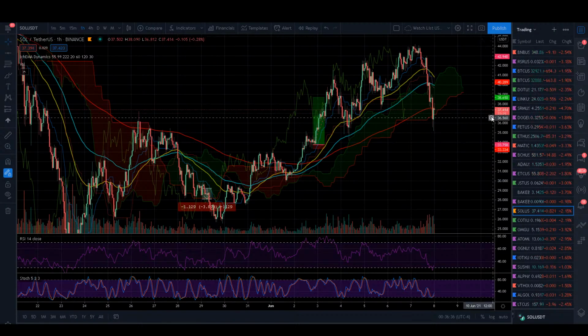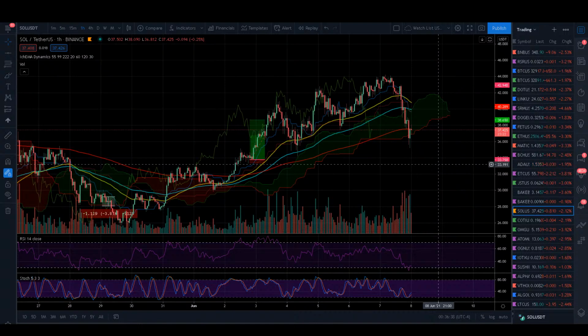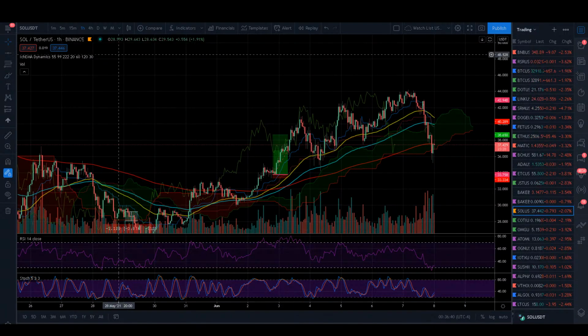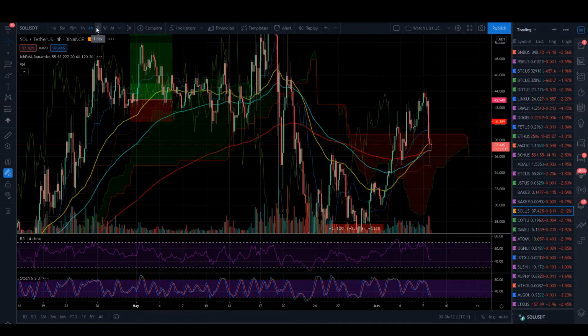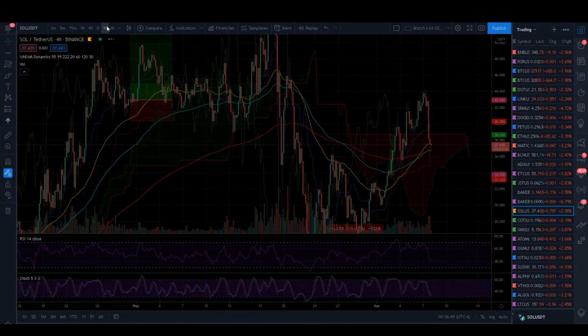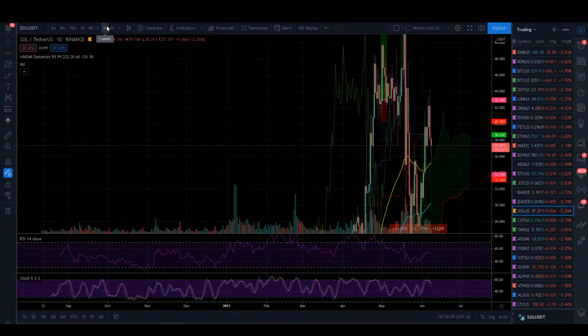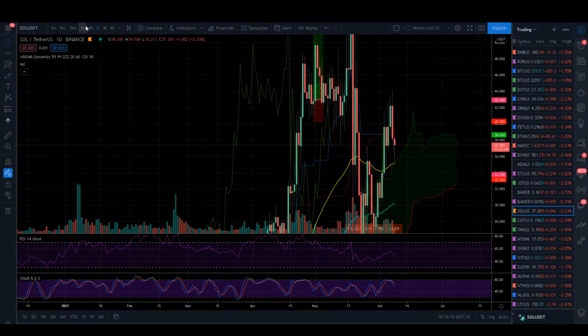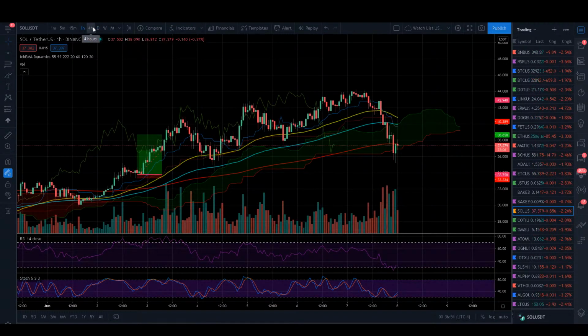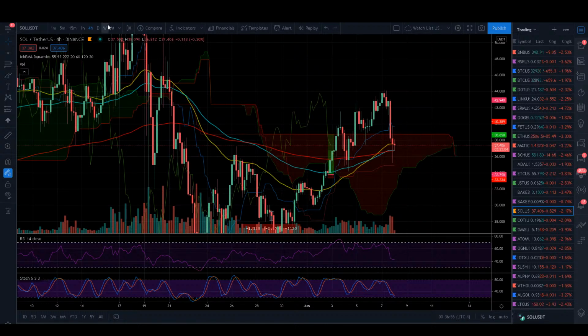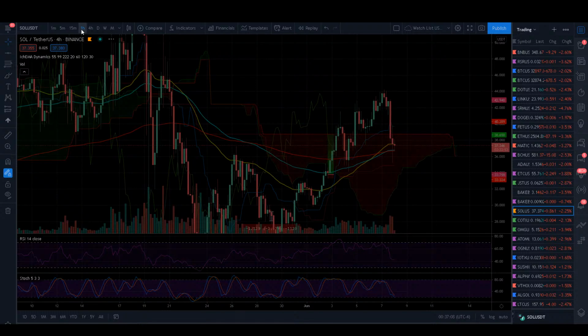See, Sol's interesting because that actually did remain bullish. It managed to hold bullish when everything else was dumping. It should throw off some of the other higher time frames. The 4 hour is close to resetting.